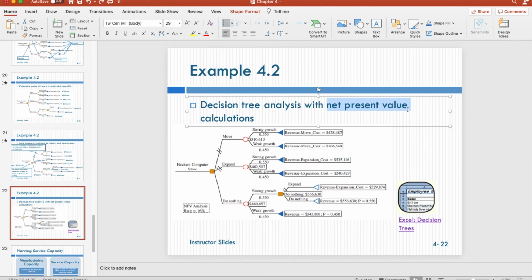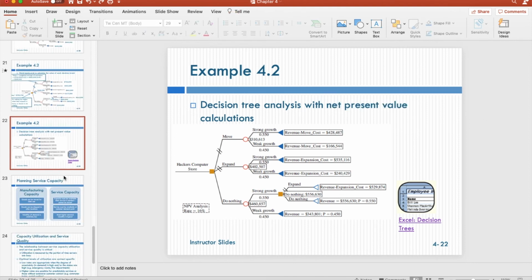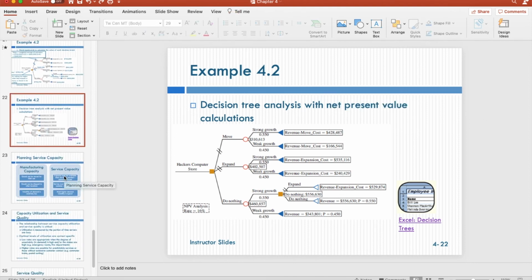The whole logic inside is exactly the same as I just said for Example 4.2. So let's make it very clear. These are all things related to decision tree analysis.